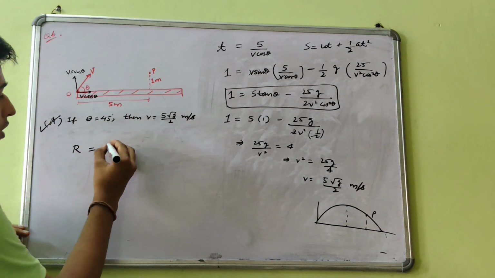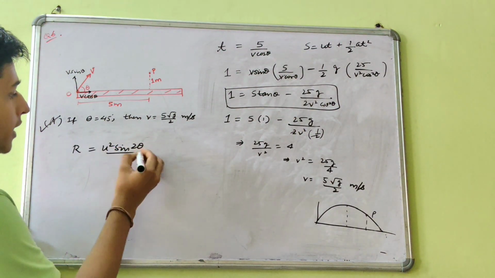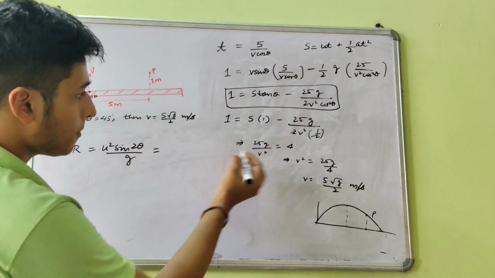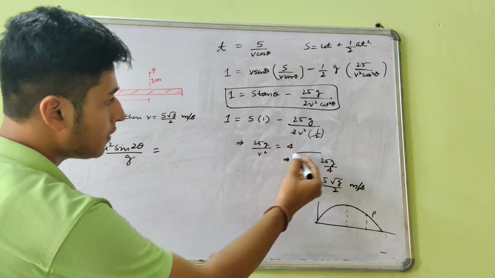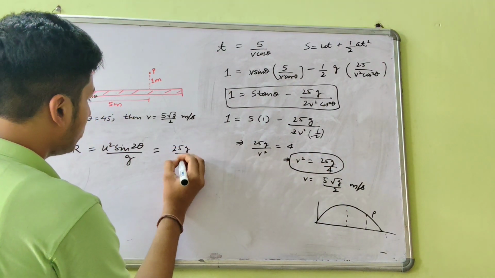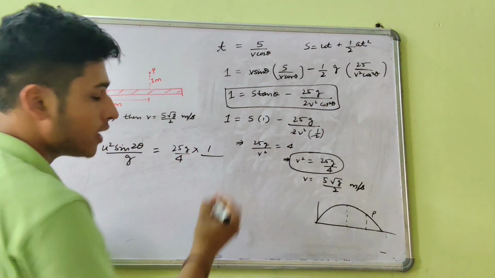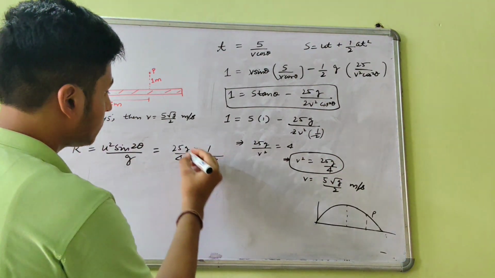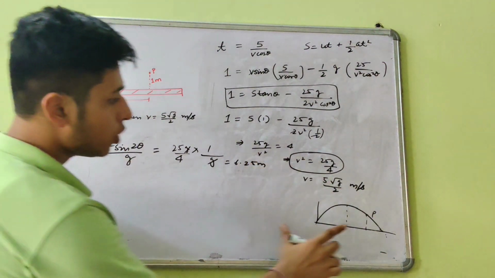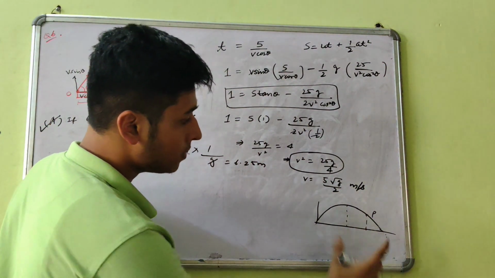Range equals u square sine 2 theta by g, equals u square, here v square is 25g by 4, so this is 25g by 4 times sine 2 theta, sine 90, over g, equals 6.25 meter. So this whole range is 6.25 meter.